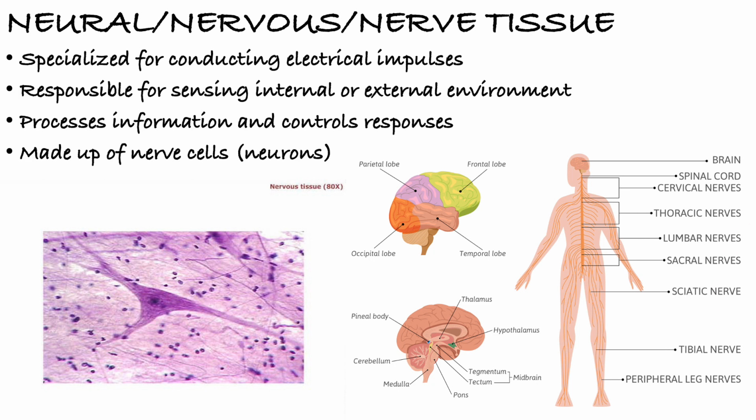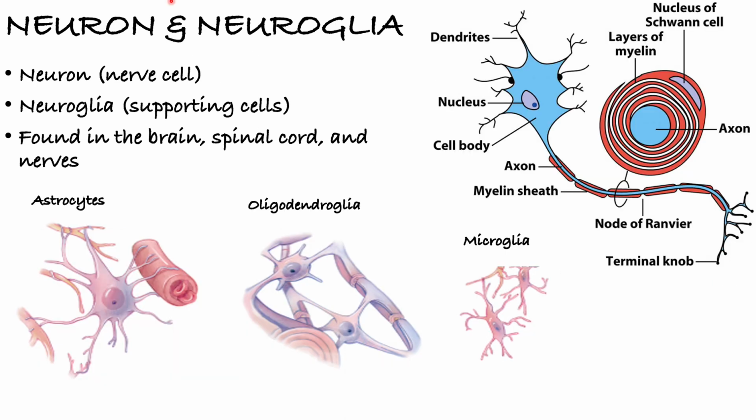So let's take a look now at the next slide, which is the neuron. Another word, it's just a fancy word for nerve cell. Don't let that word scare you. It's a nerve cell. It's just a neuron. If someone has a problem with their nerves, they go see a neurologist. That's where that word is coming from. Neurons, they are the ones that are doing the most job. They're active cells.